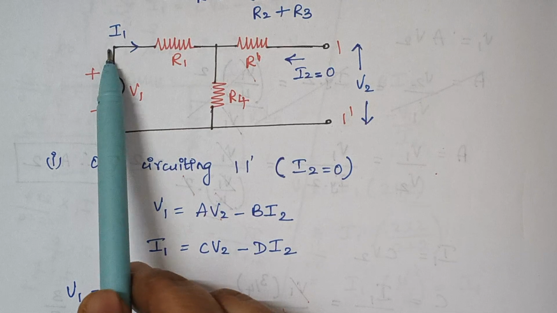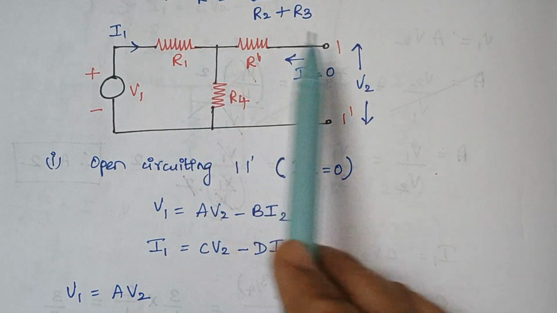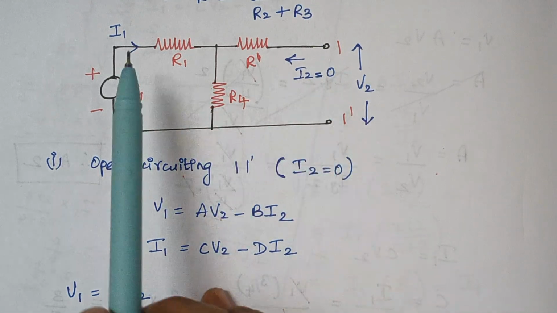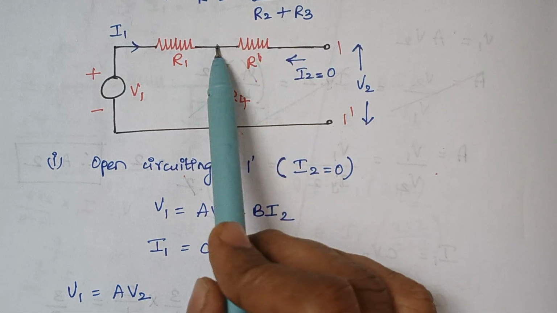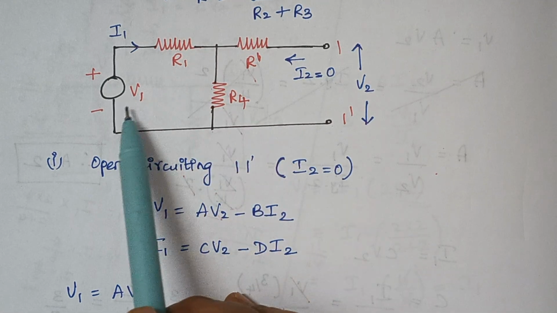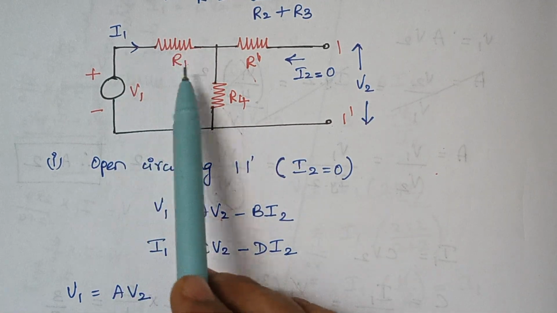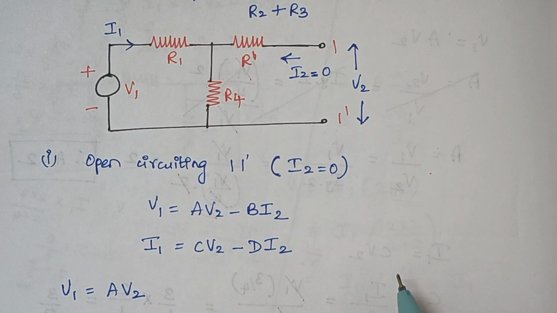Therefore, when this current I1 reaches this node, it won't get divided because there is an open circuit. Therefore, the current I1 flowing through R1 again flows through R4. Therefore, V1 is equal to I1 into R1 plus R4. So this is the value of your V1.